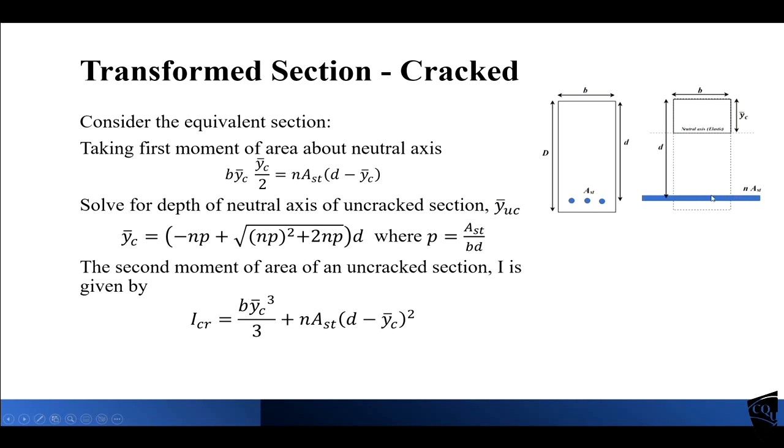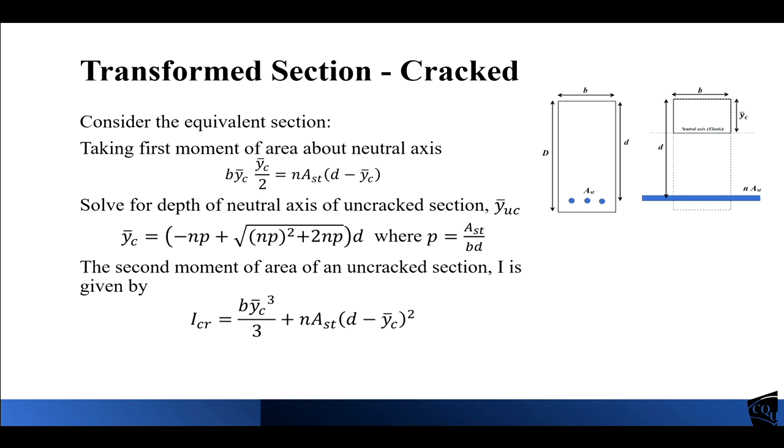there is no concrete at all. We don't need to fill those holes because there is no concrete. It's only steel in that part. There is only steel below the neutral axis because the concrete is cracked. So I don't need to fill those holes because it's already only steel.